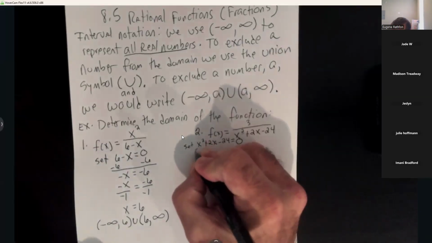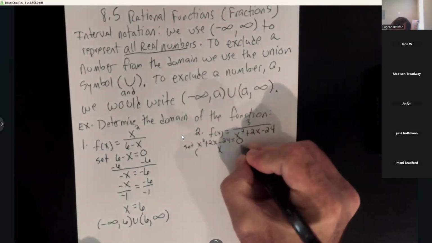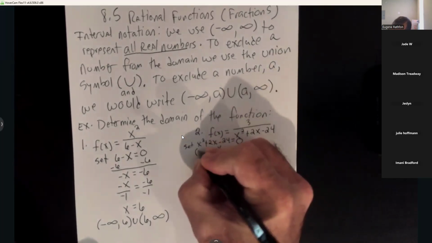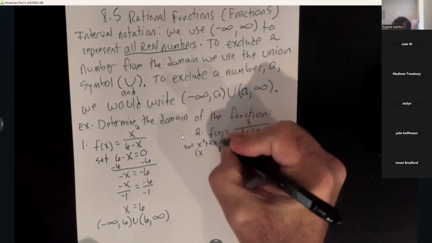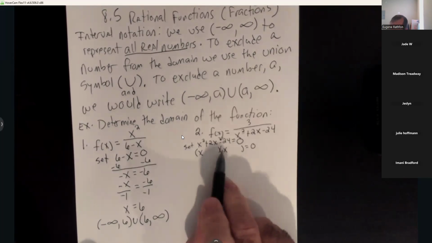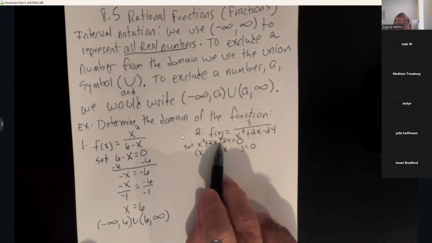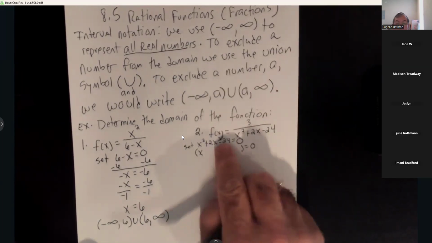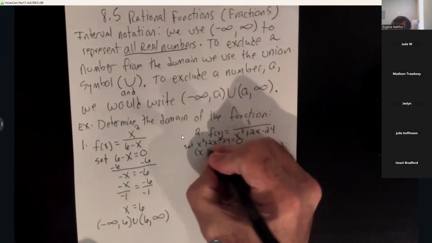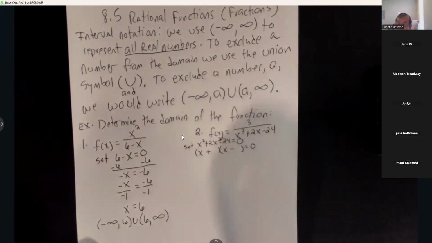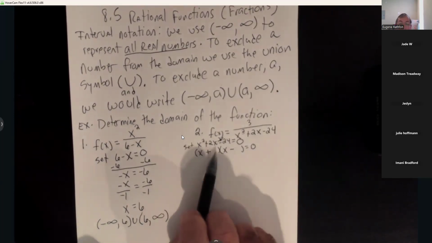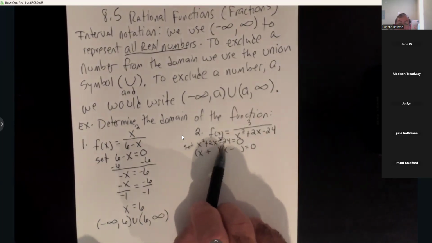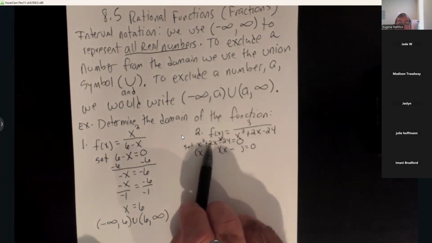Now, I'll solve it by factoring. So x squared is an x and an x. Remember, this last number's negative. Anytime that last number's negative here, that means you got unlike signs. One will be positive, one will be negative. Now, I'm looking for factors of 24 that'll subtract and give me 2.